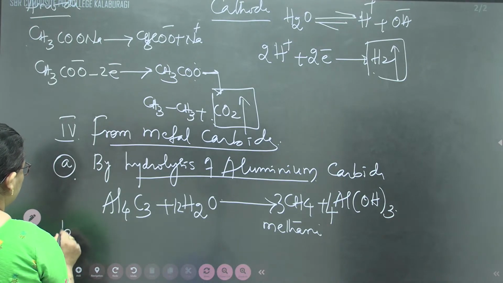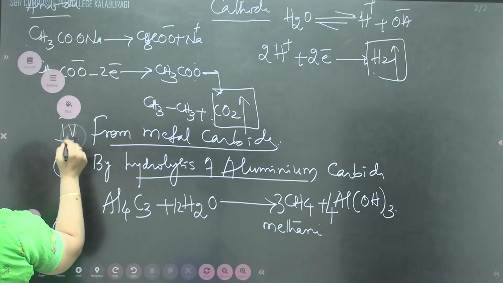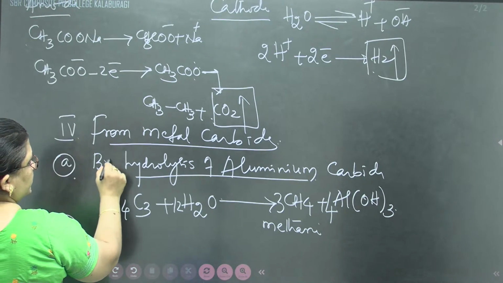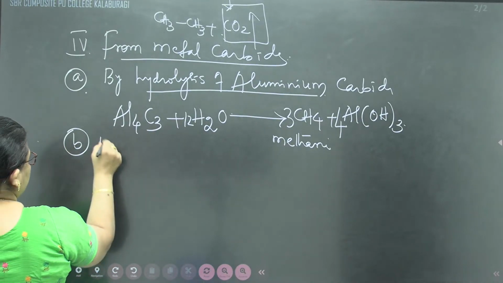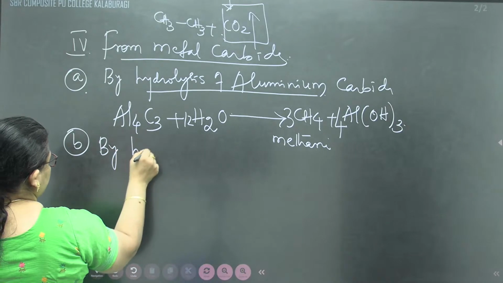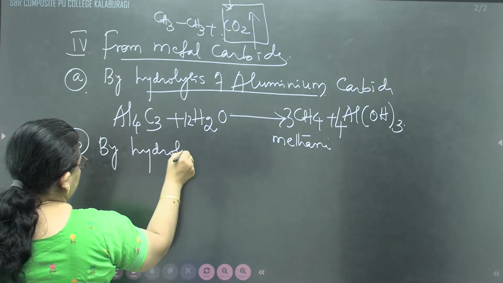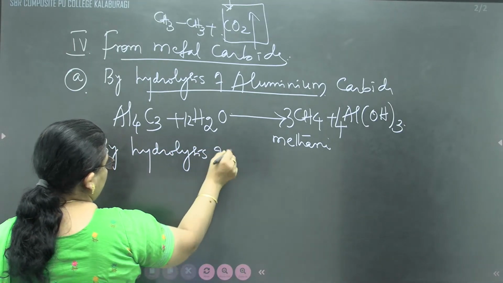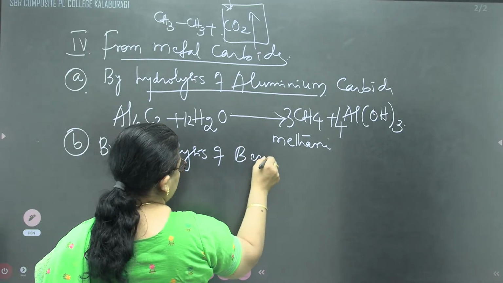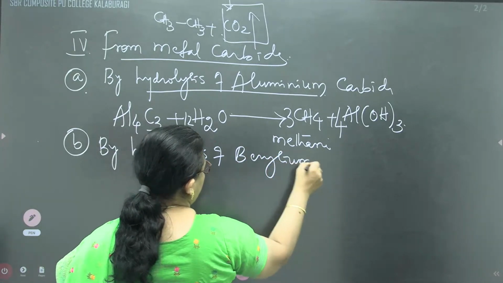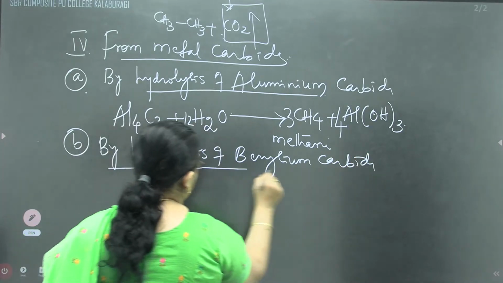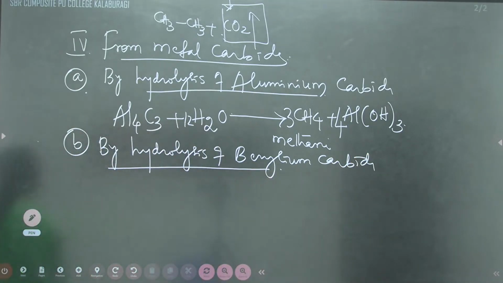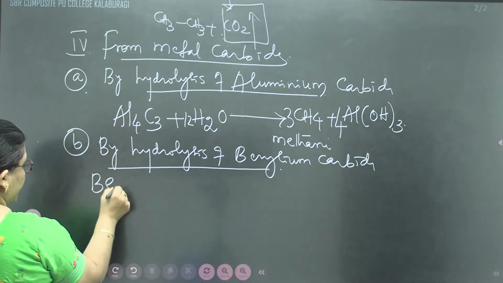One more method is by hydrolysis of beryllium carbide, that is Be2C.